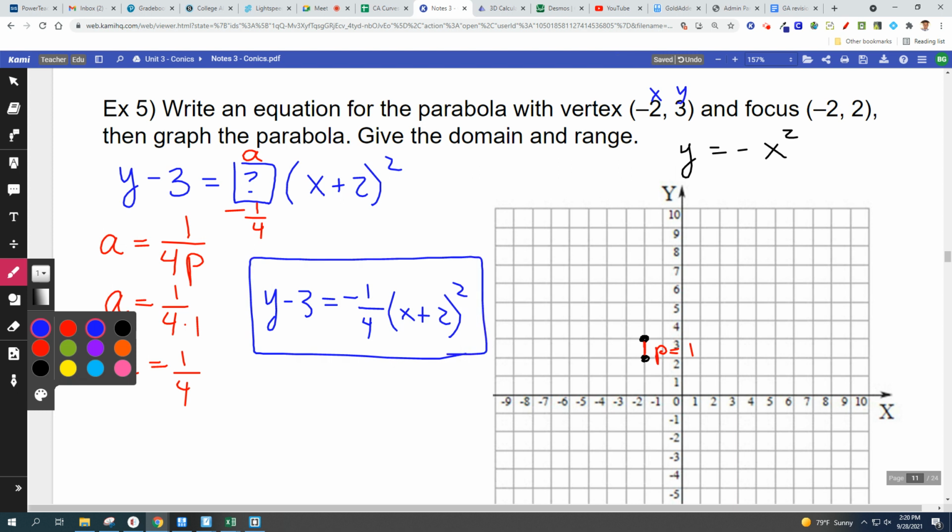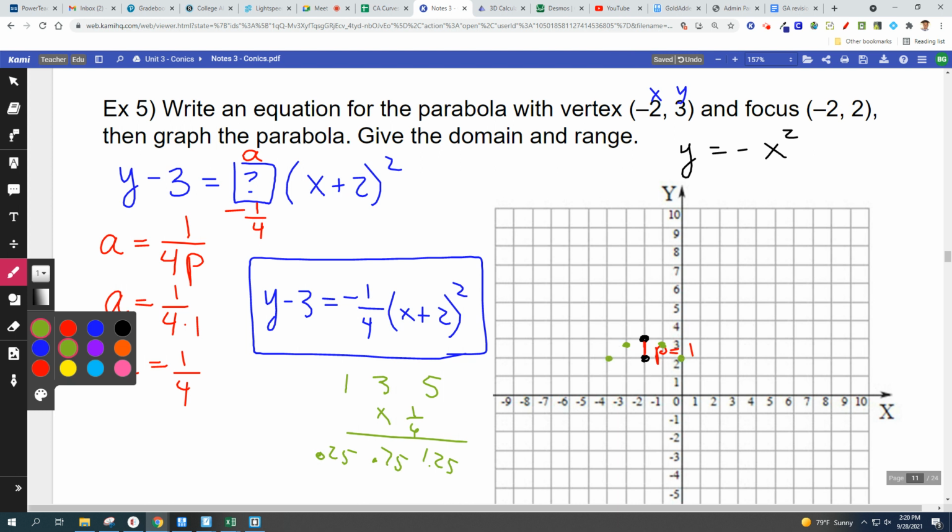So if I want to graph this thing, I've already got my vertex. And if I'm going to graph my 1, 3, 5 pattern, I've got a multiplier of 1/4. So that's going to be 0.25. And 3 times 1/4 is 0.75. And 5 times 1/4 is 1.25. I can use that pattern. So start at the vertex, go down 0.25 and over 1. Then go down 0.75 and over 1.